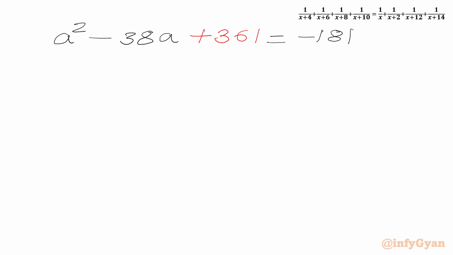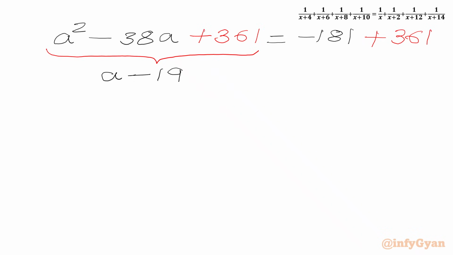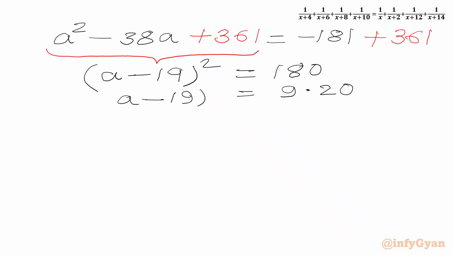So we will add 361 to LHS and 361 to RHS. Now our left hand side will give us one perfect square of a minus 19. And in RHS, 361 minus 181, value will be 180, which we can write as 9 times 20, equal to a minus 19 whole square.